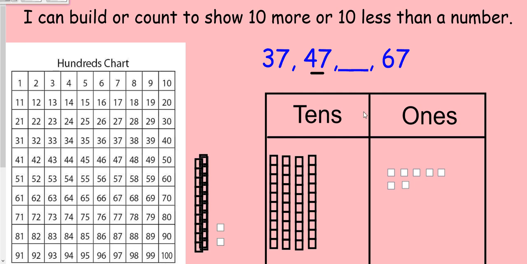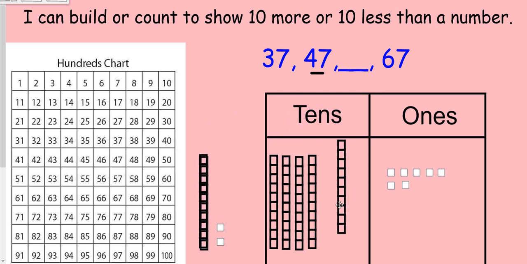Would I put more on my tens and ones board, or would I take away from my tens and ones board? I would put more on my tens and ones board. If I need to put 10 more, would I put a 1 or would I put a 10? I would put a 10 to show 10 more.